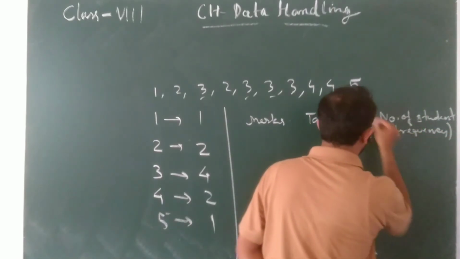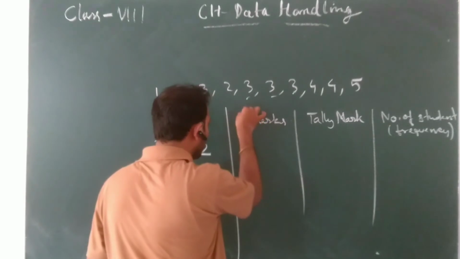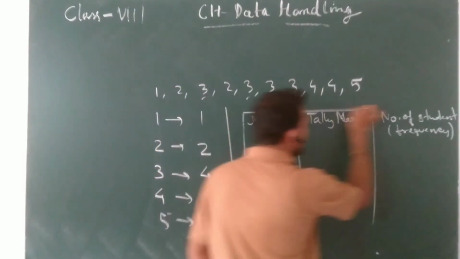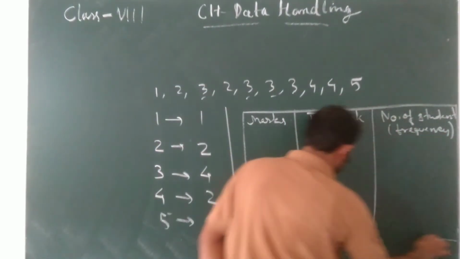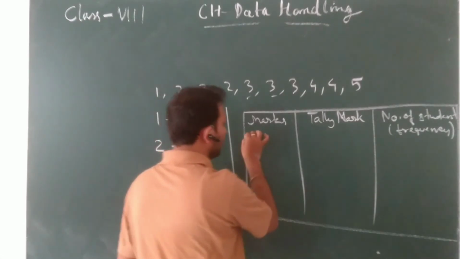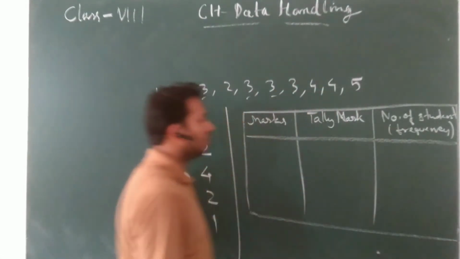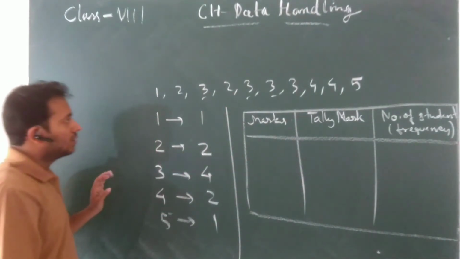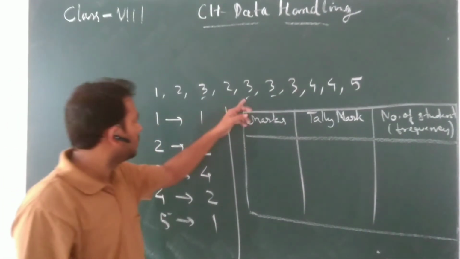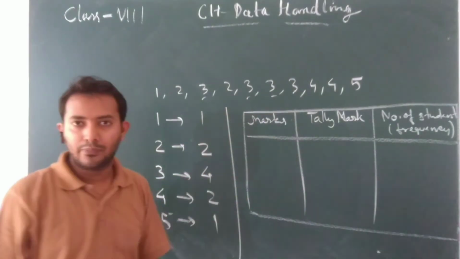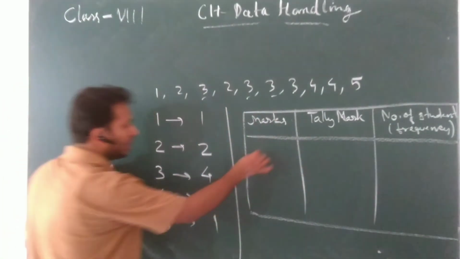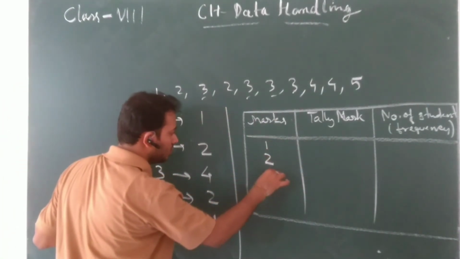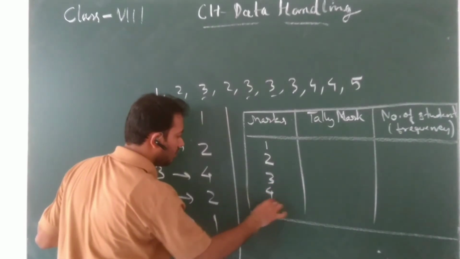How many students? Now remember, whenever we make a frequency distribution table, our first target is to arrange the data in ascending order. See, it is in a hodgepodge form, but we don't keep it like that. So first we keep it in ascending order: 1, 2, 3, 4, 5. Okay.